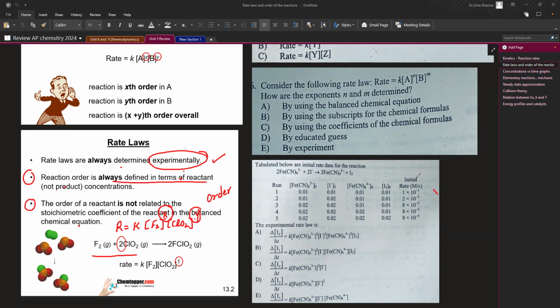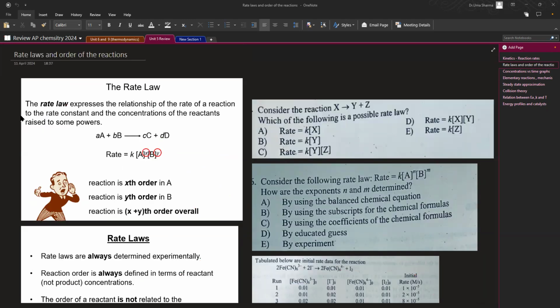You can see the data given here in the question. These are the experiments. What are they asking? They're asking what is the experimental rate law. So I have to pick one answer. Are you understanding this?